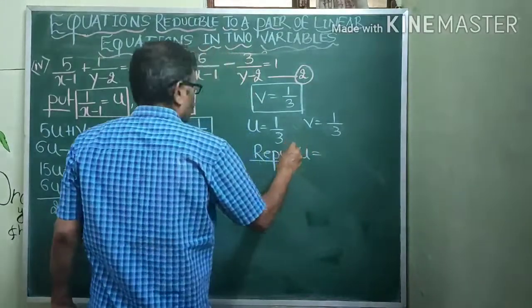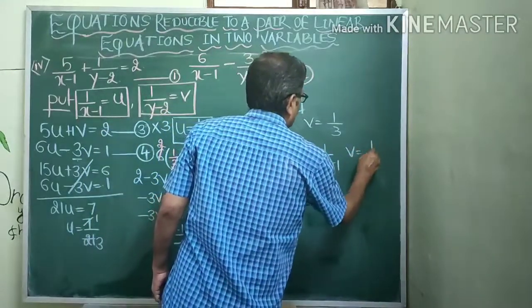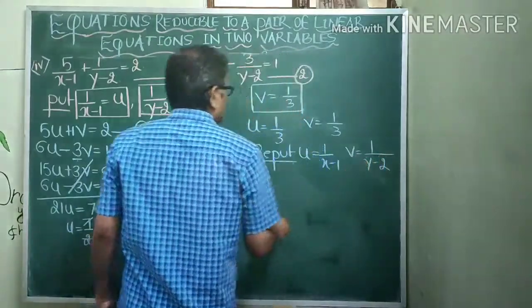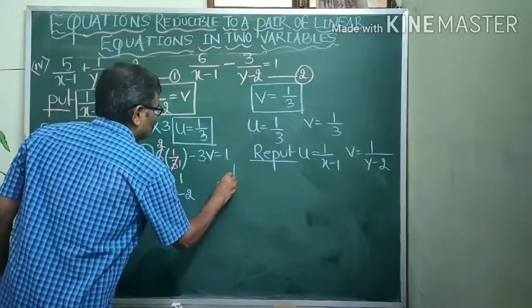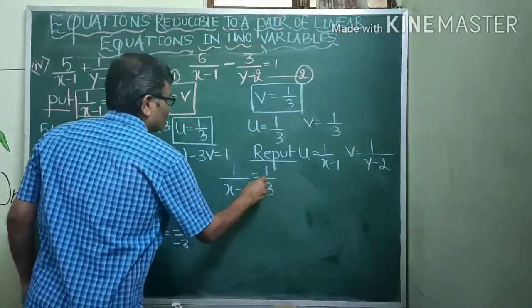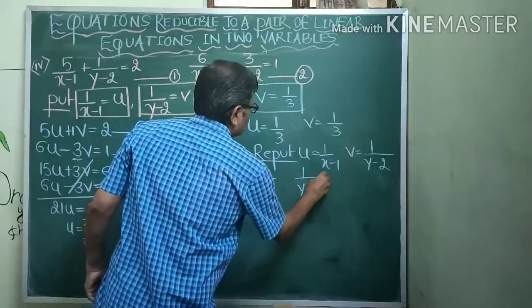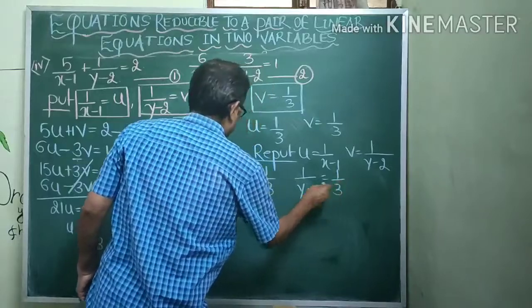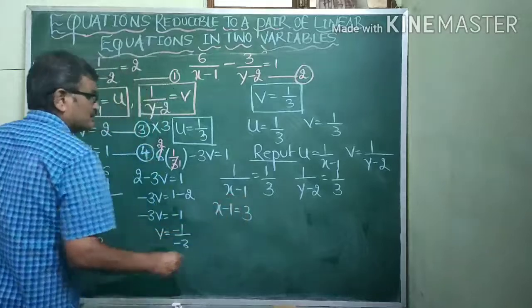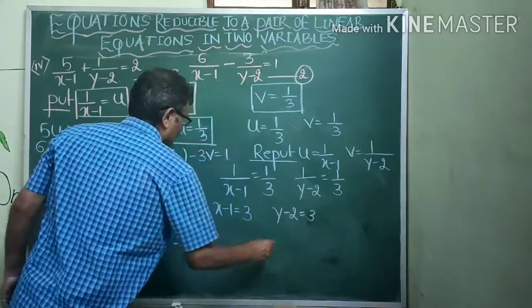u is equal to 1 by x minus 1, v is equal to 1 by y minus 2. If I do so, then what I will get is 1 by x minus 1 is equal to 1 by 3, and 1 by y minus 2 is equal to 1 by 3. If I take the reciprocal, then x minus 1 is equal to 3 and y minus 2 is equal to 3.